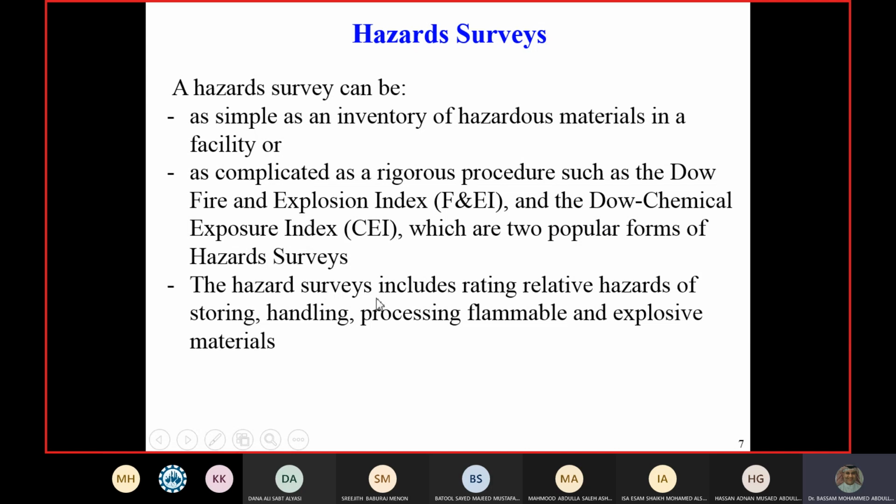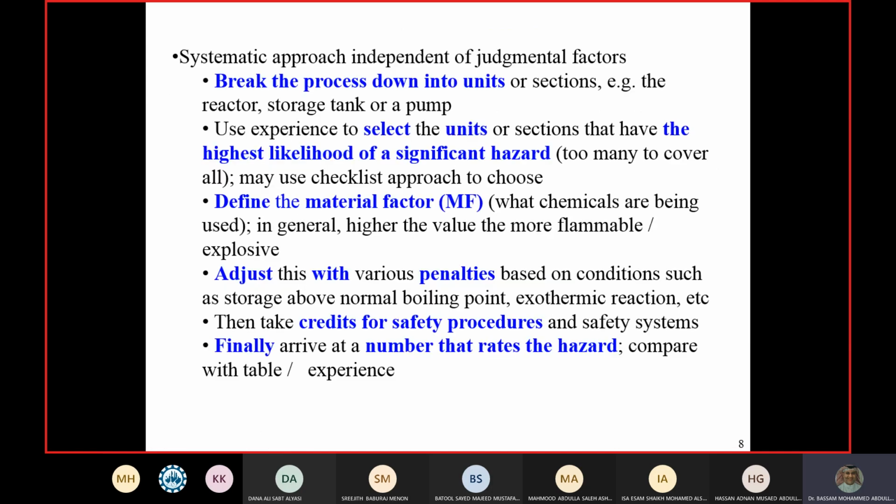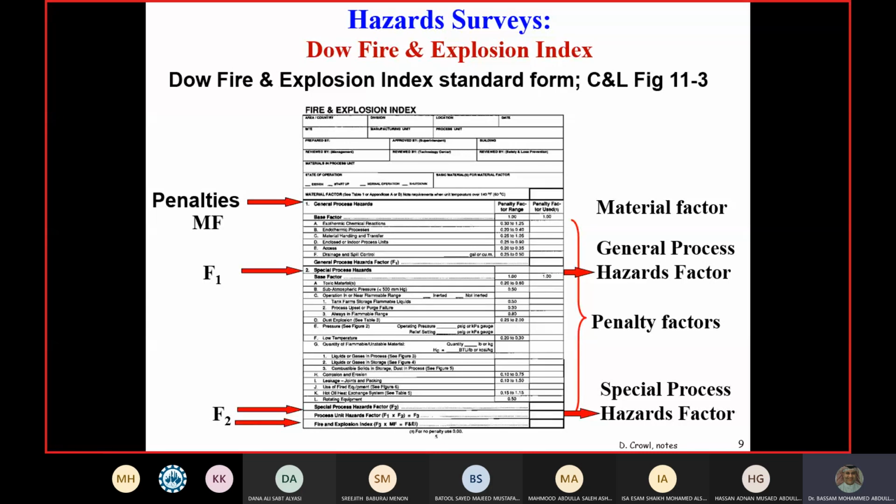These hazard surveys put a rating on the hazards in terms of storing, handling, and processing flammable and explosive materials.